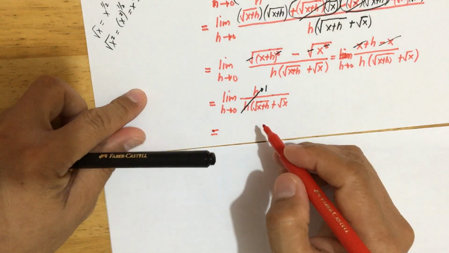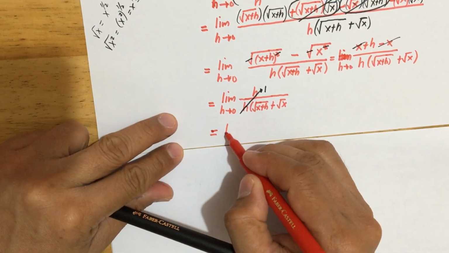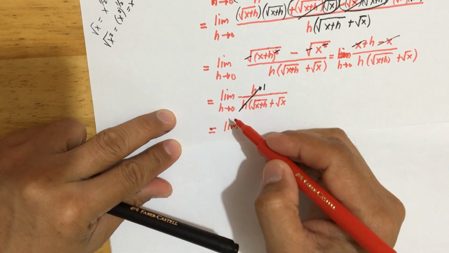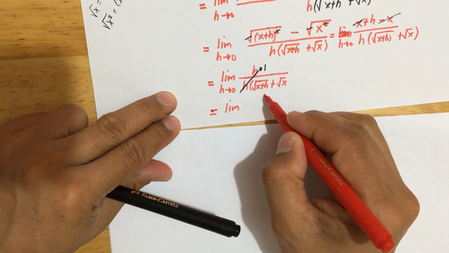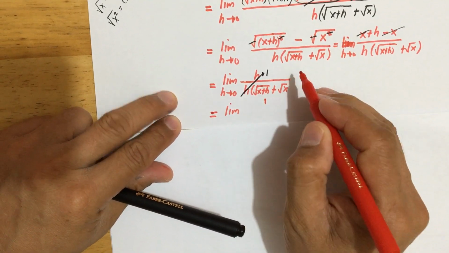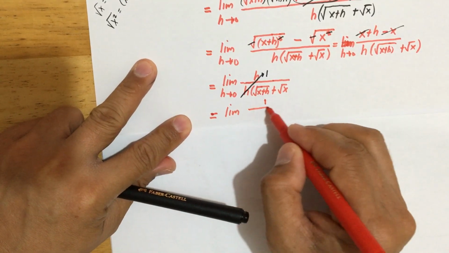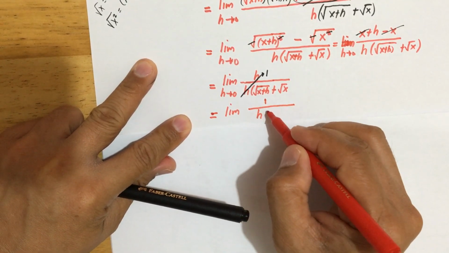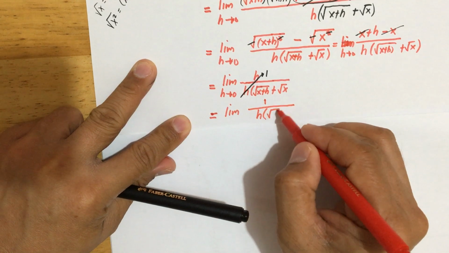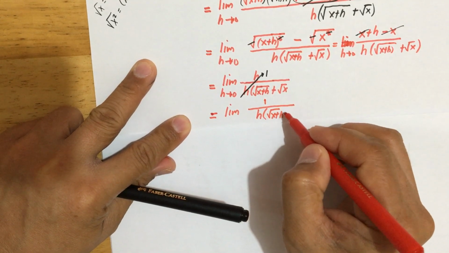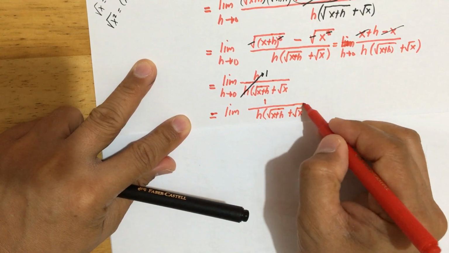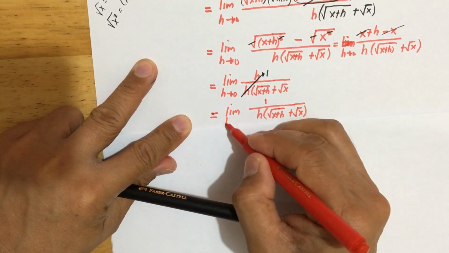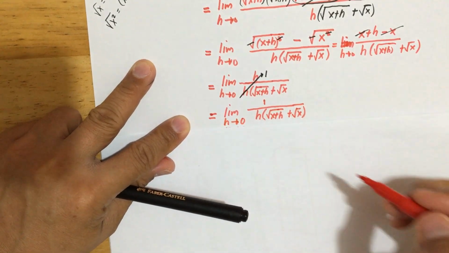Therefore we have the limit of 1 divided by h times the square root of x plus h and plus the square root of x, as h approaches 0.